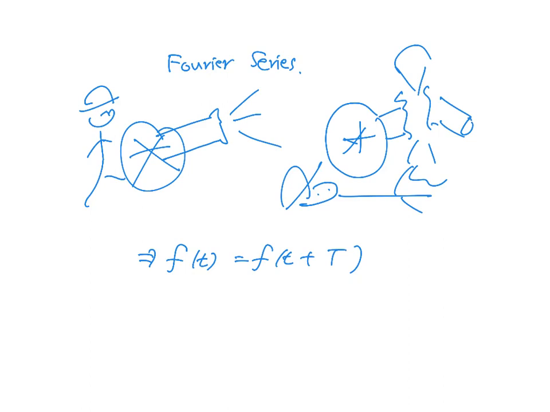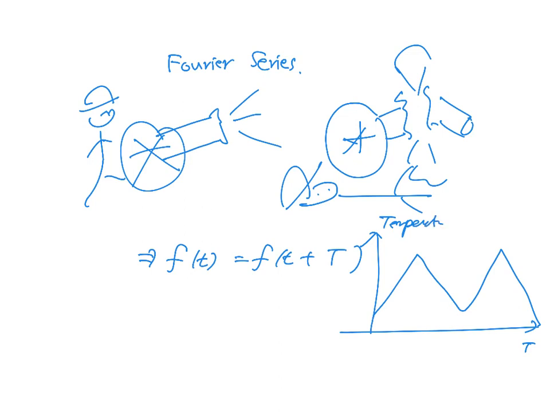Each point in the cannon, the temperature is a function of T, and it repeats itself. So the temperature distribution is something like that. This is T, this is the temperature. When you fire, the temperature rises. And between the firings, the temperature is lowering, right?